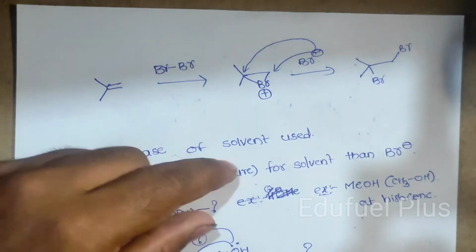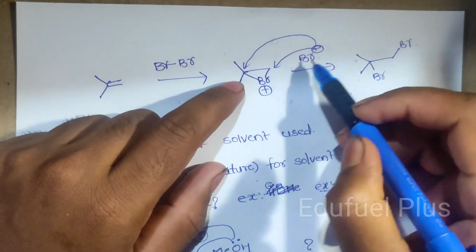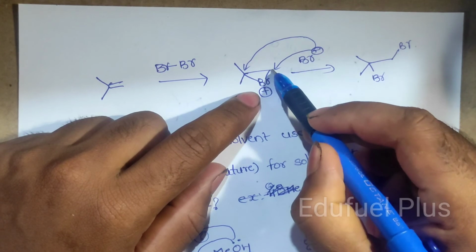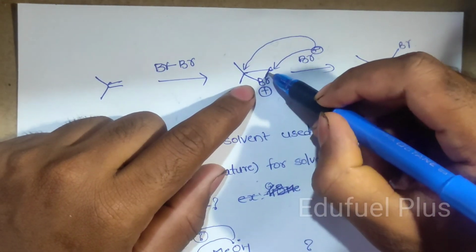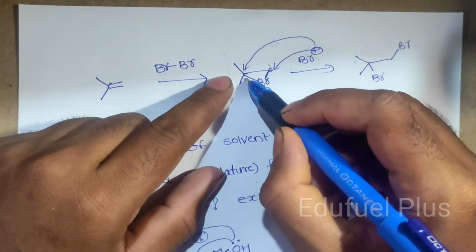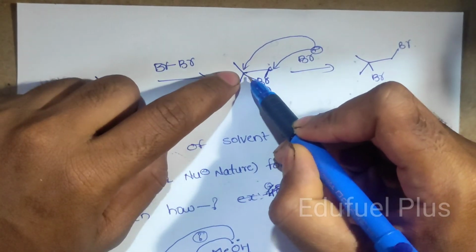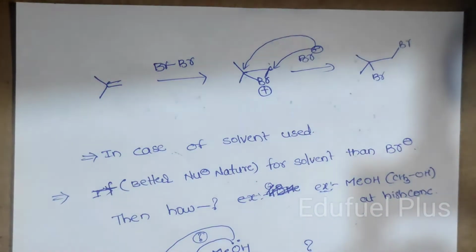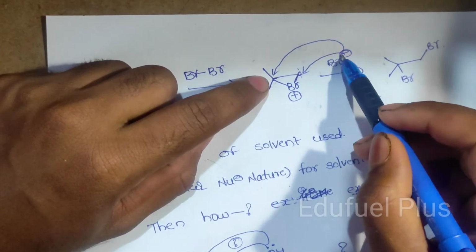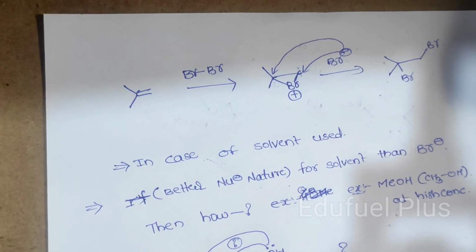If the bromide ion attacks at this carbon, when this bond breaks, here we have a primary carbon and here a tertiary carbon. We know that a tertiary carbocation is more stable than a primary carbocation, so you have to look at the stability. The attack takes place at the tertiary carbon due to stability. Like this you have to make the overall reaction.